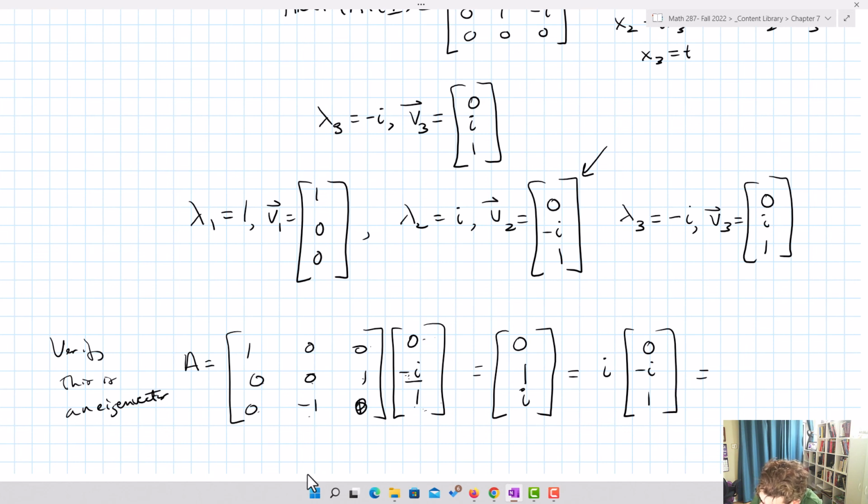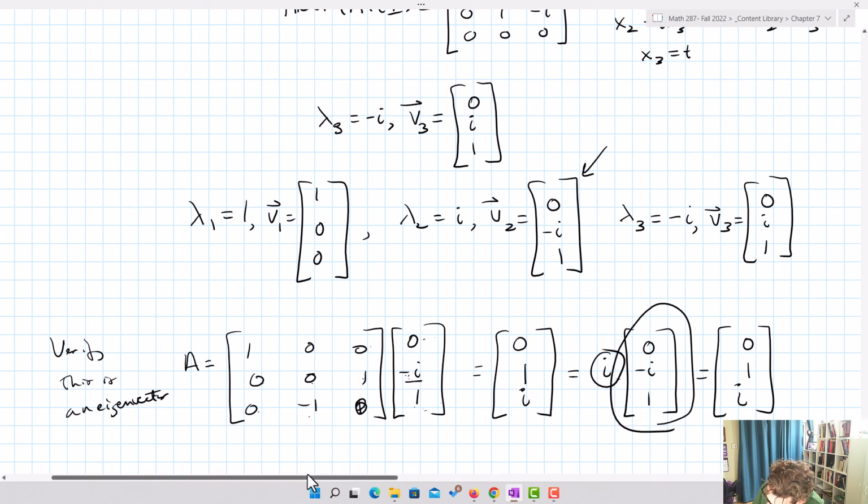Well, that's going to equal 0. This is going to equal negative i squared, which is 1. And then this is going to equal i. And so you can see eigenvalue, eigenvector, and we verified. That's the last little piece for this particular lecture.